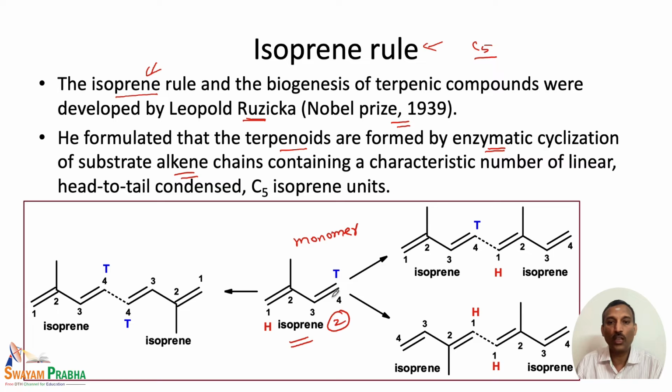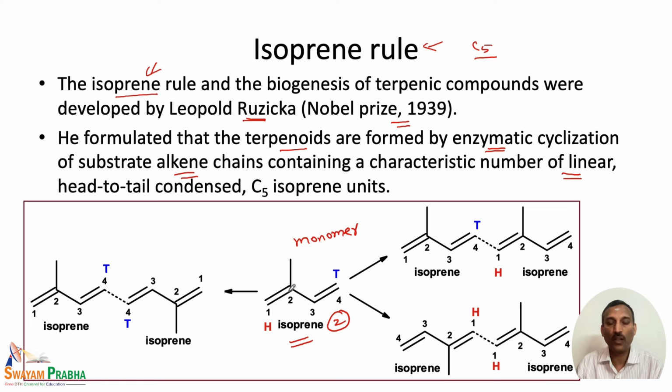These two alkene units actually combine in different ways to produce different types of terpenic compounds. They may be condensed, in most cases, in a linear fashion, that means head to tail fashion, and the condensation of various C5 units leads to the formation of the monomer, dimer, trimer, polymer, etc. So that is how all the different types of terpenes are formed.